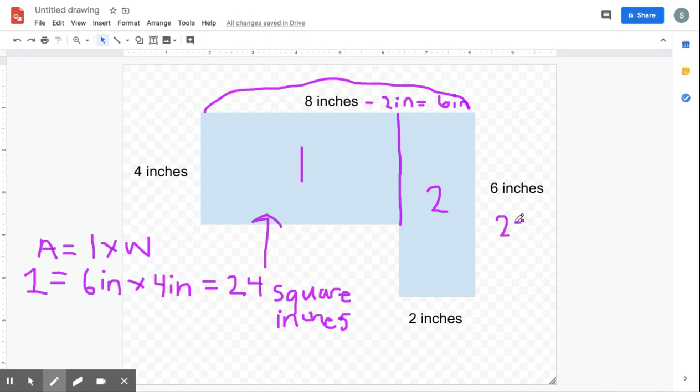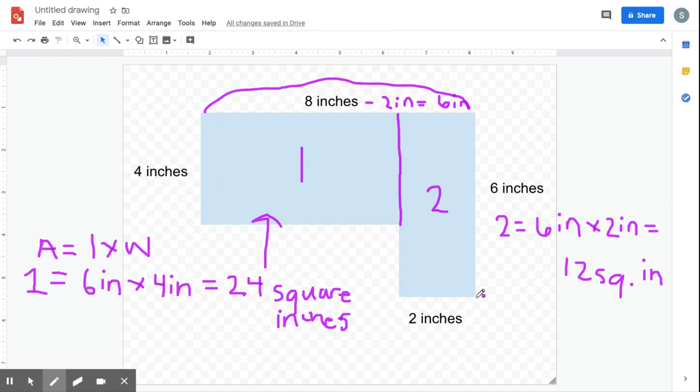So shape 2 equals 6 inches times 2 inches, which equals 6 times 2 is 12 square, and I'm just going to abbreviate square as SQ for the sake of time, inches.